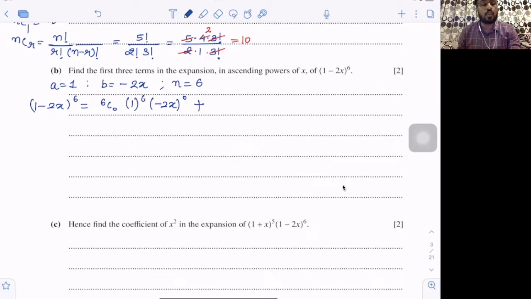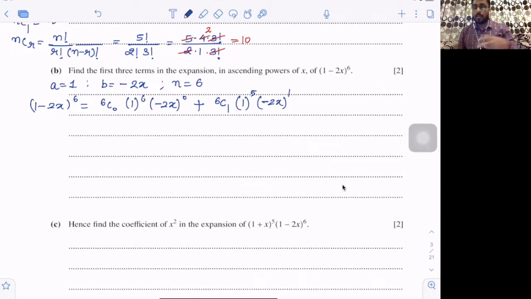The second term is going to be nC1, so I write 6C1. Then you have a raised to n minus 1, so you get 1 raised to 6 minus 1, that's 5. And you'll have the term of b as b raised to 1, so I write minus 2x to the power 1. So the power of b will keep on ascending and the power of a will keep on descending.